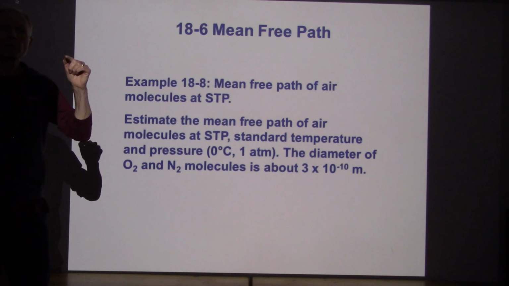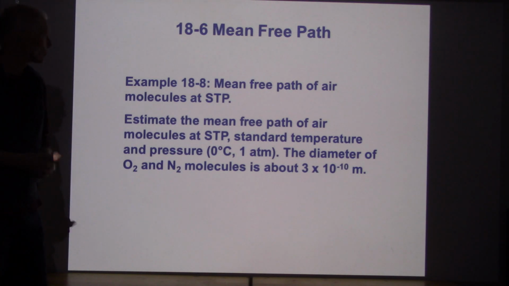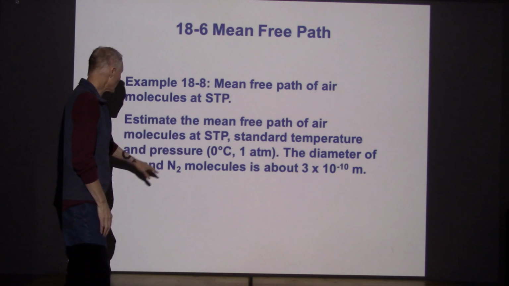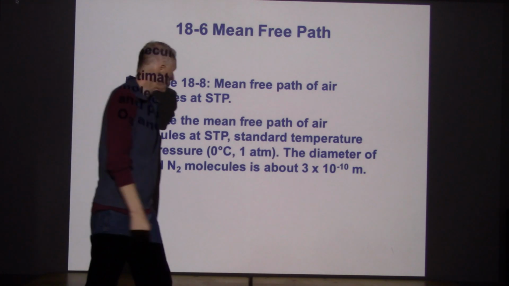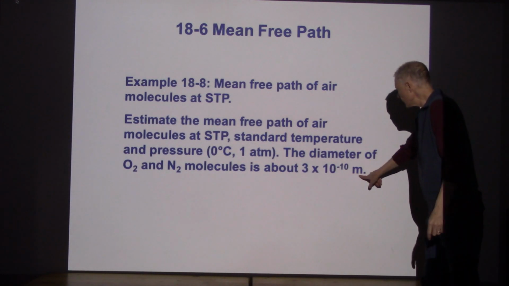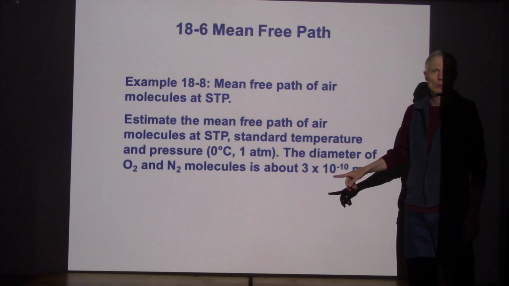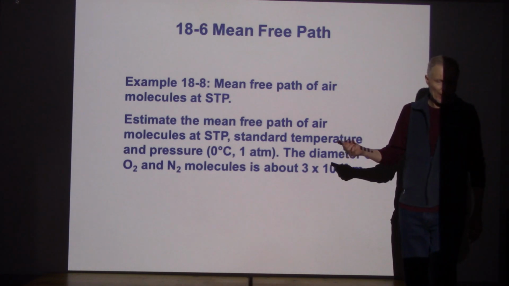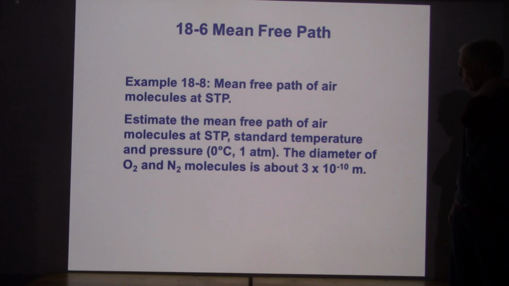So 1 atmosphere of pressure, 20 Celsius as a temperature, and then the diameter of the O2 and the N2 molecules is about 300 picometers. I think we have talked about that too, what's the size of a molecule or an atom.